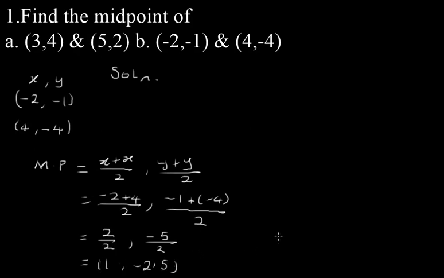So therefore our midpoint is given by 1, -2.5. So this decimal part can be given either as a fraction or as a decimal.